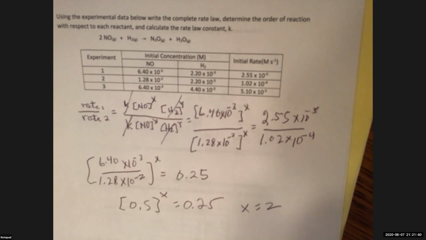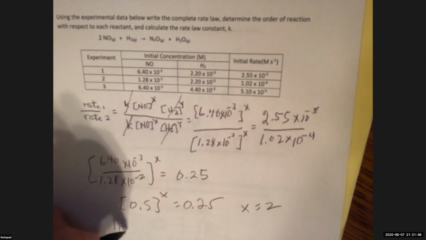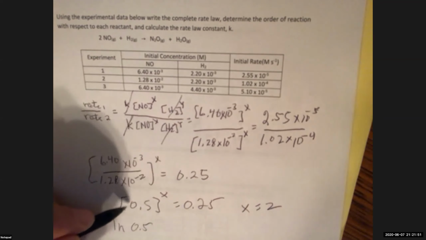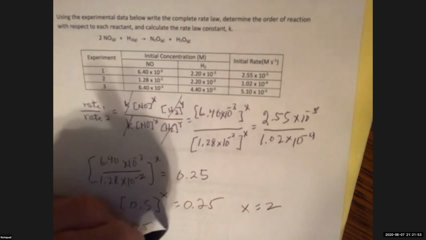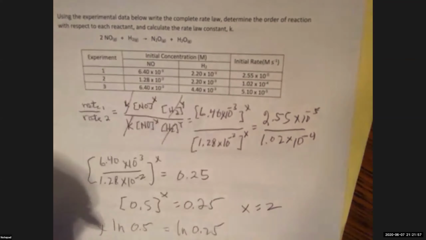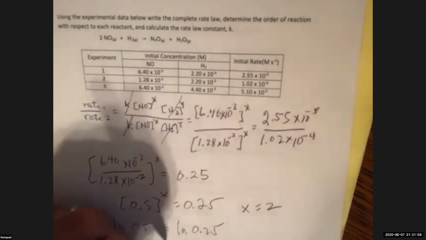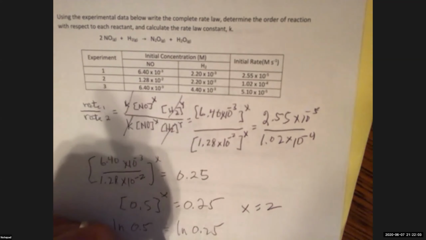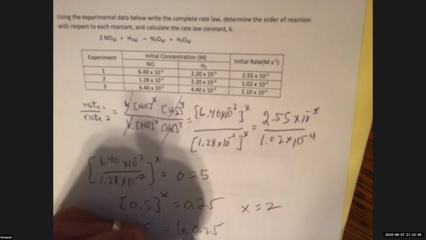If it's not that clear, you can use logs. If we took the natural log here, we have X times the natural log of 0.5 equals the natural log of 0.25. And then X is going to be the log of 0.25 divided by the log of 0.5.